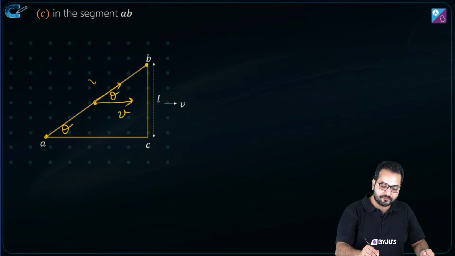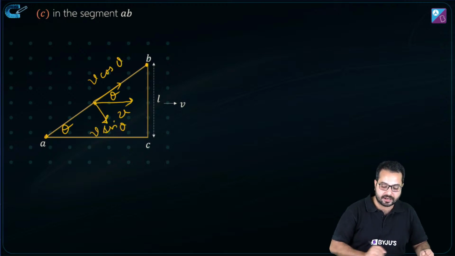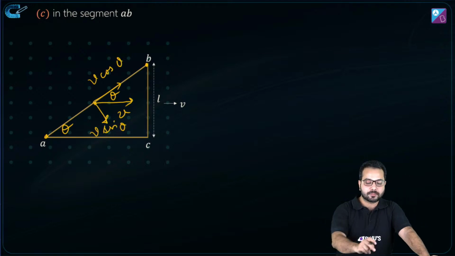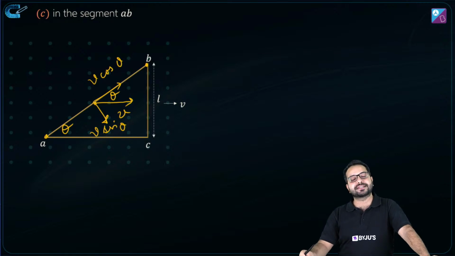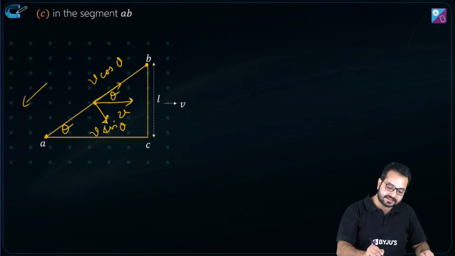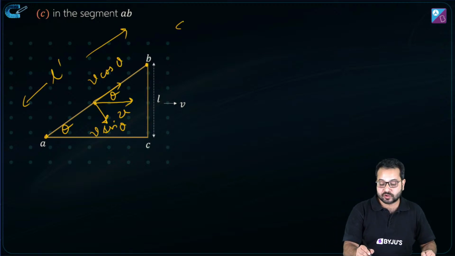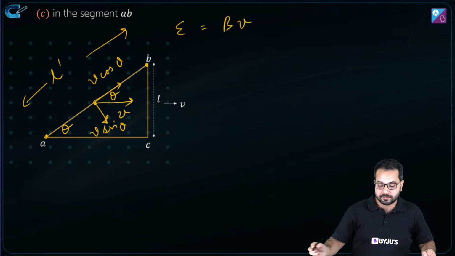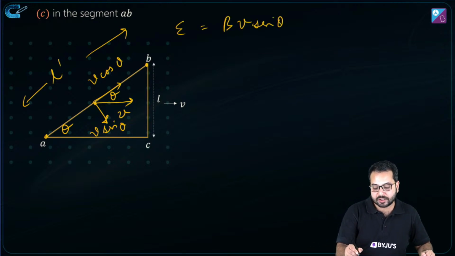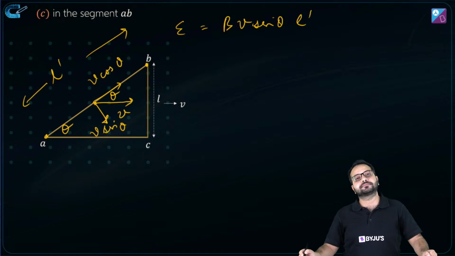So this is going to become V cos theta and this is going to become V sin theta. The perpendicular component is V sin theta. And let's say this length AB is L prime. So the EMF induced is going to become B V sin theta into L prime. Do you agree?